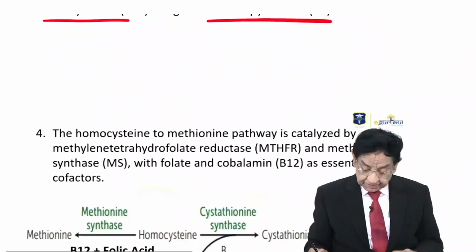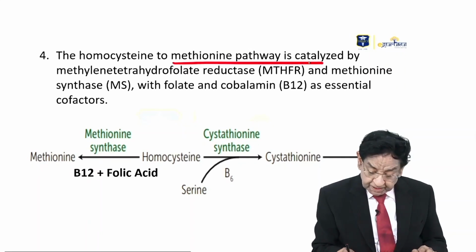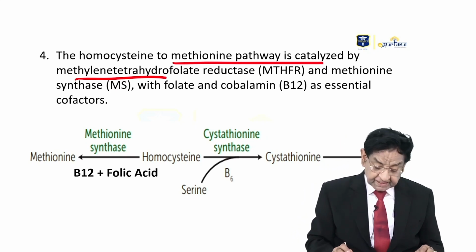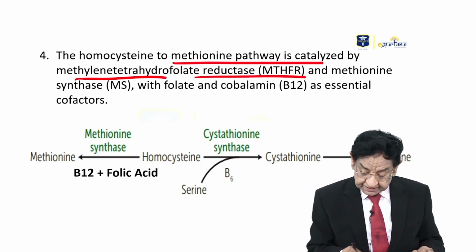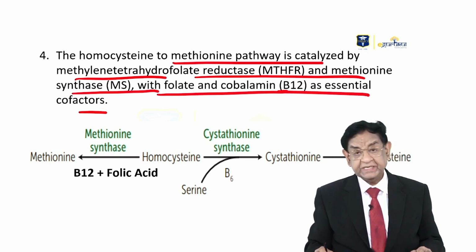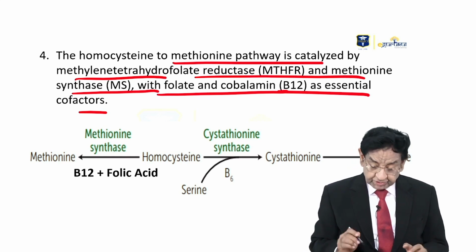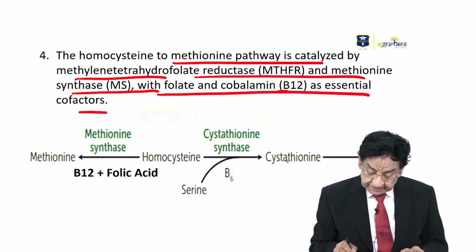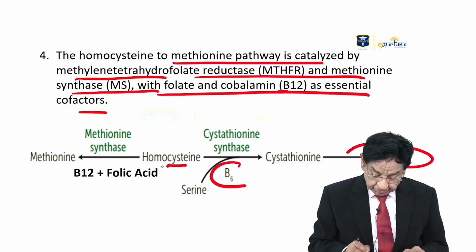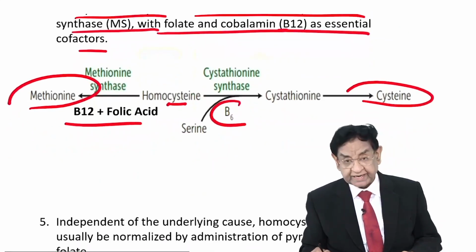The homocysteine to methionine pathway is catalyzed by methyltransferase, methylenetetrahydrofolate reductase and methionine synthase, with folate and cobalamin as essential cofactors. If you look at it, homocysteine getting converted into cysteine needs B6, and homocysteine getting converted into methionine needs B12 and folic acid.